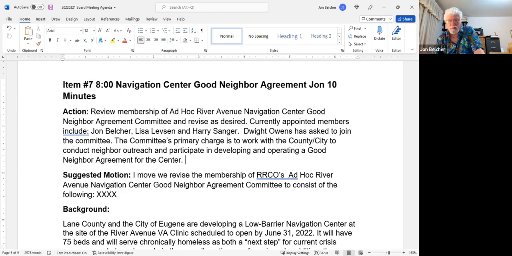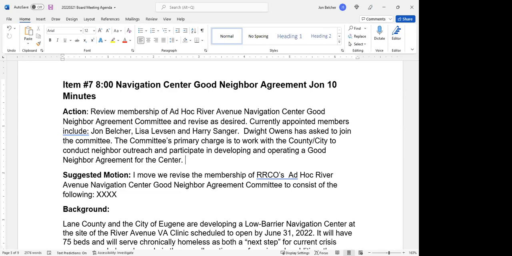But once that agreement is in place, there are people in the center. The committee will also serve a role of dealing with problems as they arise, hopefully not very often. So there is no clear end to the committee, but the bulk of the work will be done between now and the end of June. Does that help, Susan? Yes, it does. Thank you.